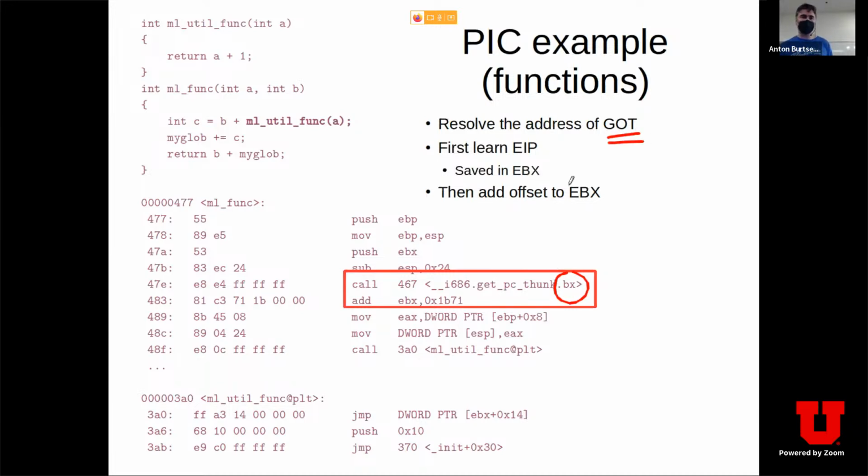It first lands the IP saved in the EBX. It's a different thing. So this one inside it, similar thunk. We used ECX in the first example. This one uses EBX, right? And then adds the offset to EBX. This is the offset to make sure that we know where the GOT is. And this is a specific entry in the global offset table, right?